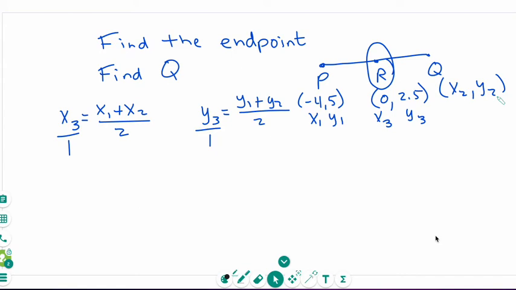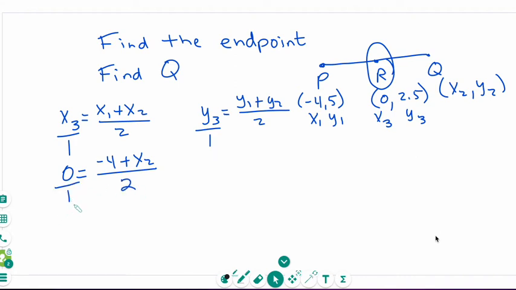Now I'm going to go ahead and plug in what I know. X sub 3 is going to be 0 is equal to x1 is negative 4 plus x2, which is what we're trying to find, over 2, and my 0 needs to be over 1.